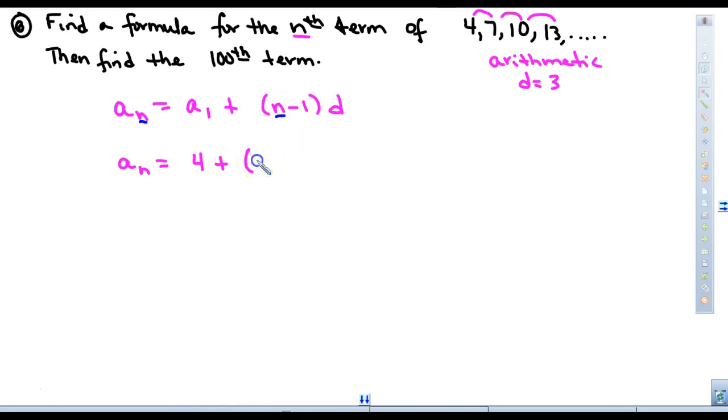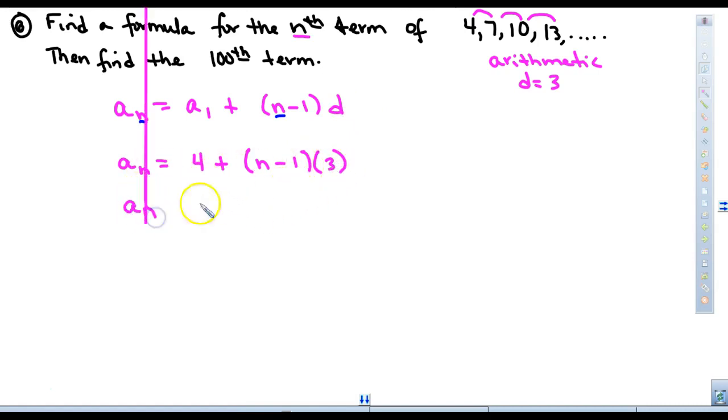Remember, we're going to leave this in terms of n because this is a formula that will help us to find the nth term, whatever n is. Okay? And then d is going to be 3. Alright? So I plug that stuff in and I just simplify.